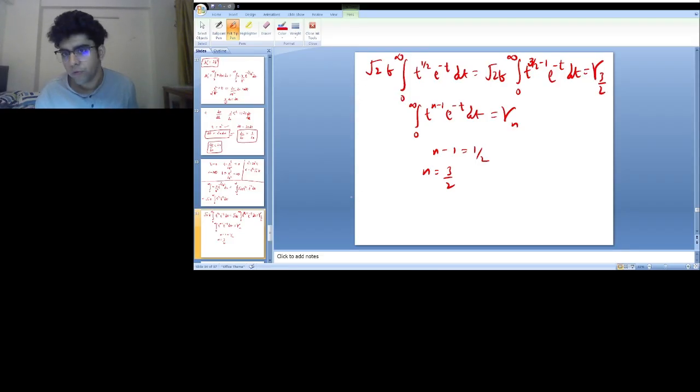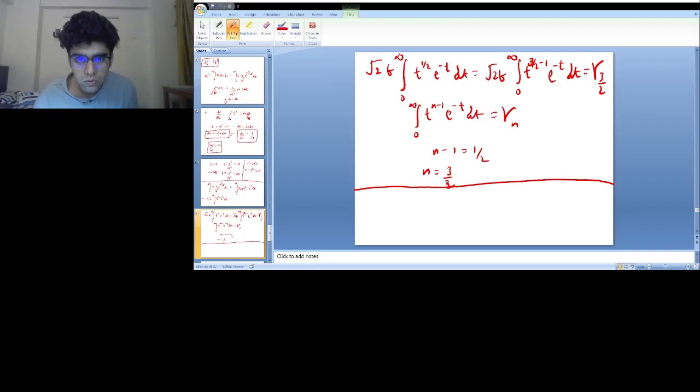Now what should we do? Gamma 3 by 2, how do we find the value of this gamma 3 by 2?